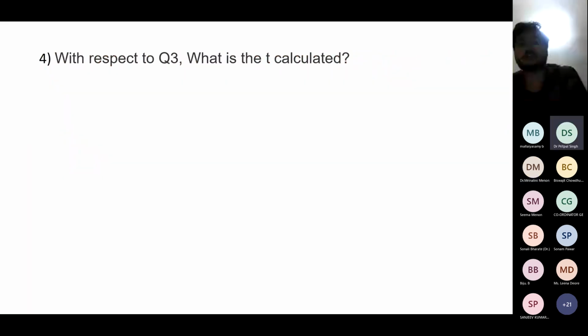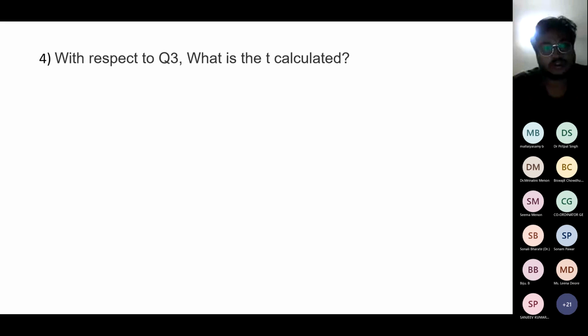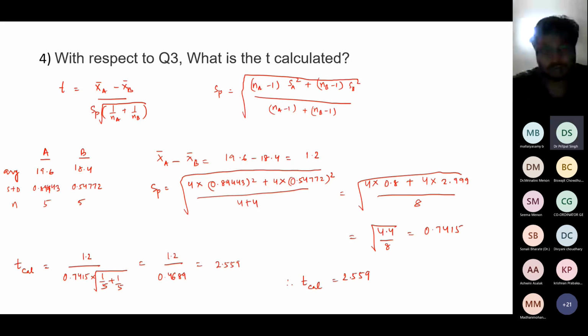For question number 4, with respect to question 3, what is the value of t? The t value is given by this formula, which was also there in the second assignment. It is the mean of A minus the mean of B divided by the pooled standard deviation multiplied by the root of the sum of the inverses of the number of samples.